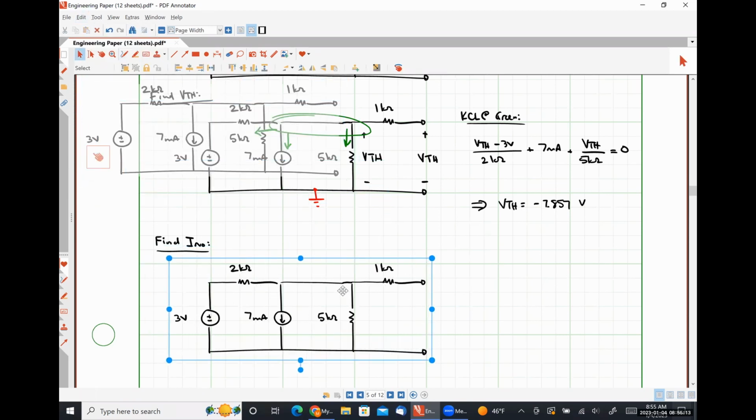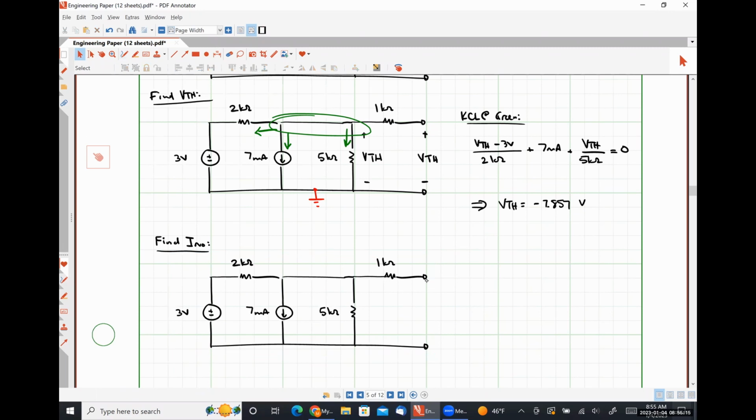So to find my Norton equivalent current, I simply short circuit my terminals. Find the current flowing down here.